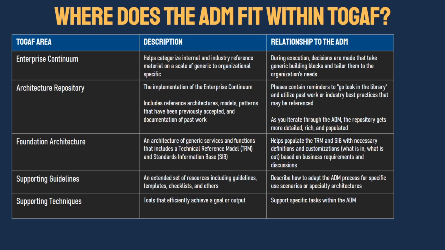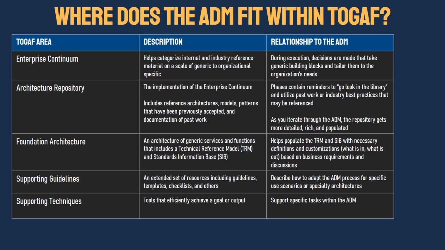And when we interact with stakeholders, the second area is the architecture repository. The architecture repository is the implementation of the enterprise continuum. It is the library that holds this material. As a library, it includes reference architectures, models, patterns that have been previously accepted, and any documentation of past work and lessons learned.